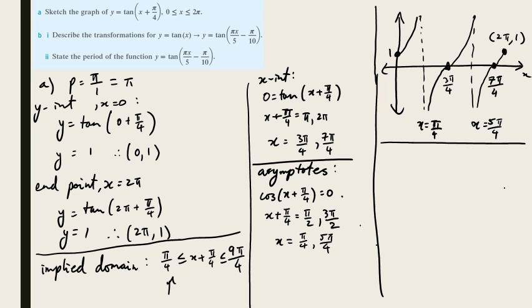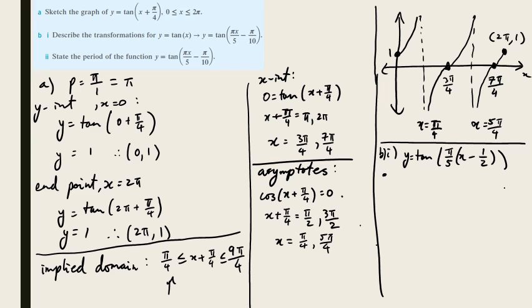Okay, so state the transformations from y equals tan of x to what they have there. Now remember, as before, always factorize what's inside the brackets. So we have tan of pi over 5 times x minus a half. Then let's write down what we have.